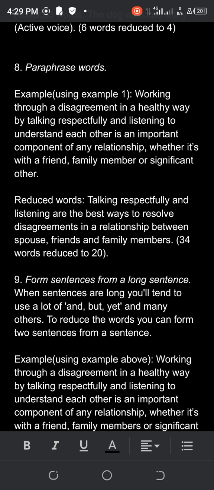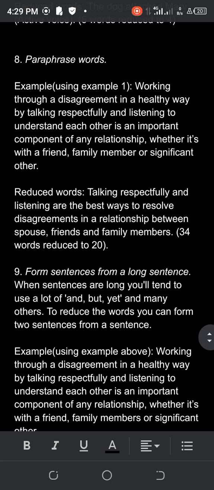Now we have to paraphrase this long sentence and make it short: "Talking respectfully and listening are the best ways to resolve disagreements in a relationship between spouses, friends, and family members." Full stop.